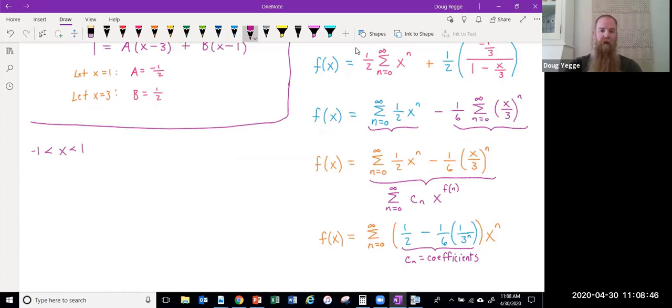And then for the second one, x over 3 has to be between -1 and 1. Which means that the interval of convergence for the first one is just -1 to 1, while the interval of convergence for the second one is -3 to 3.